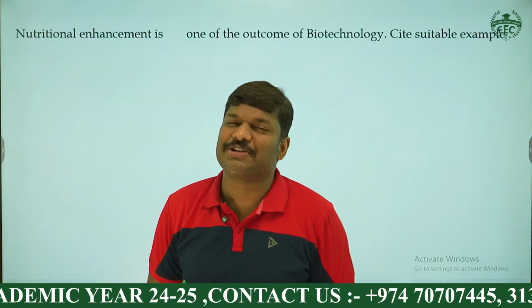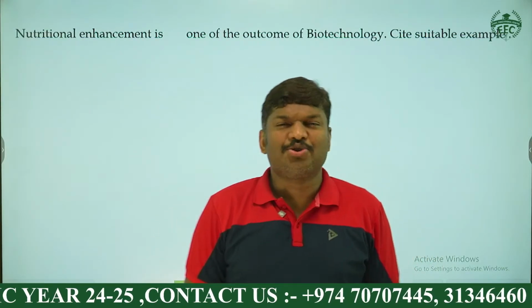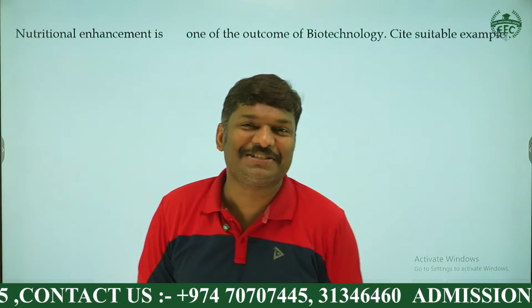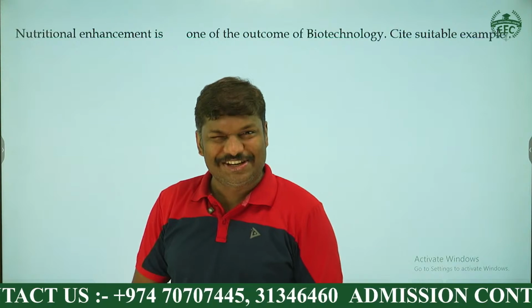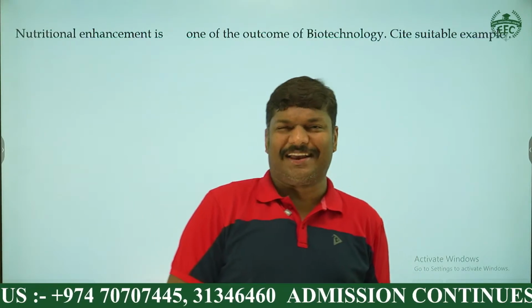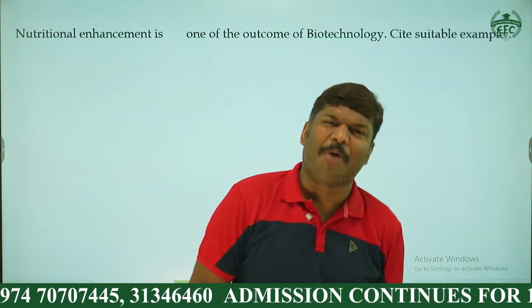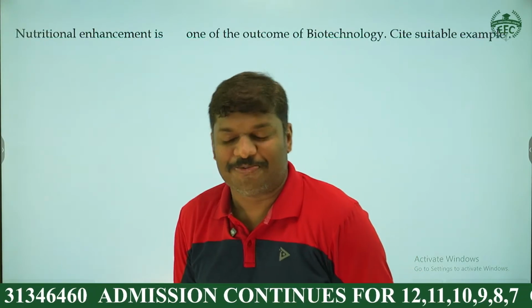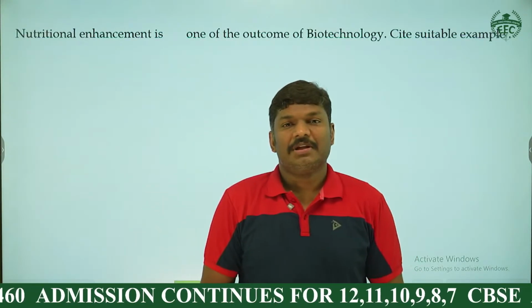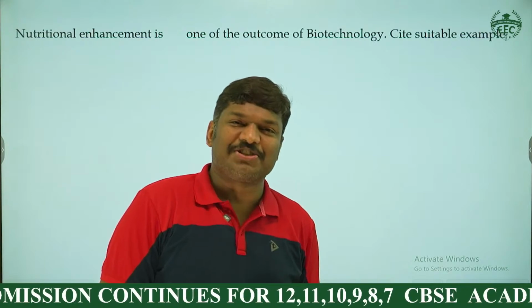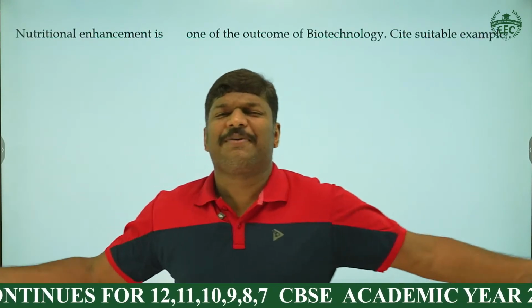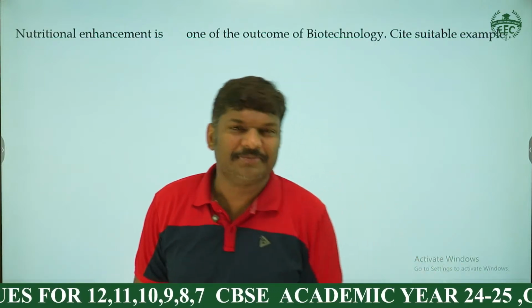These two problems, or these two demerits, are solved by the third one that we are going to discuss today, that is genetically engineered crop-based agriculture, or simply GMO, genetically modified organism. There are different types of genetically modified crops you studied.